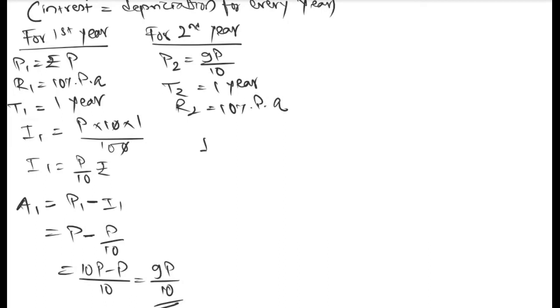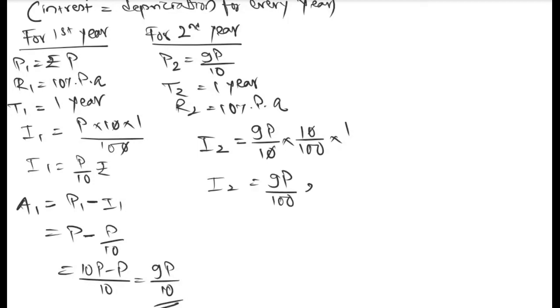So I2 will be 9P by 10, that is P2, into 10 by 100 into 1. So the zeros cut, and I2 becomes 9P by 100 rupees. So this is the depreciation during the second year.